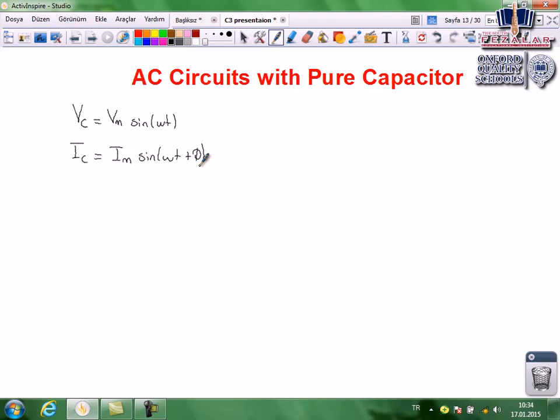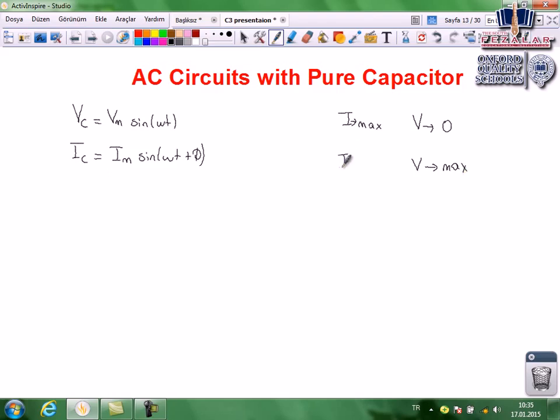Why? Because let's consider a capacitor connected to an AC source. When current has maximum value in the capacitor, the voltage between the plates of the capacitor will be 0. When the capacitor starts to store energy, voltage increases, then voltage becomes maximum. At this time, remember, a fully charged capacitor behaves like an open switch.